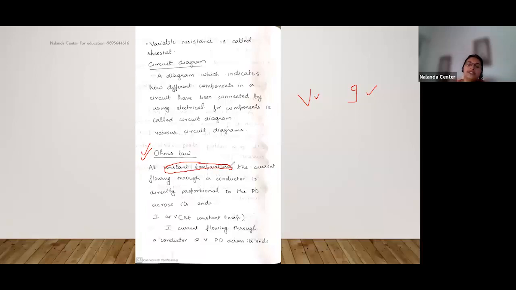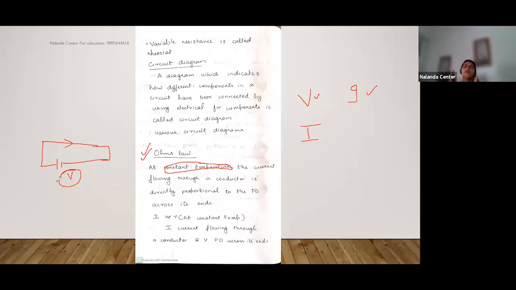At constant temperature, the current through a conductor is going to be directly proportional to the voltage across the conductor. At a constant temperature, the current flowing through a conductor is directly proportional to the potential difference across its ends.